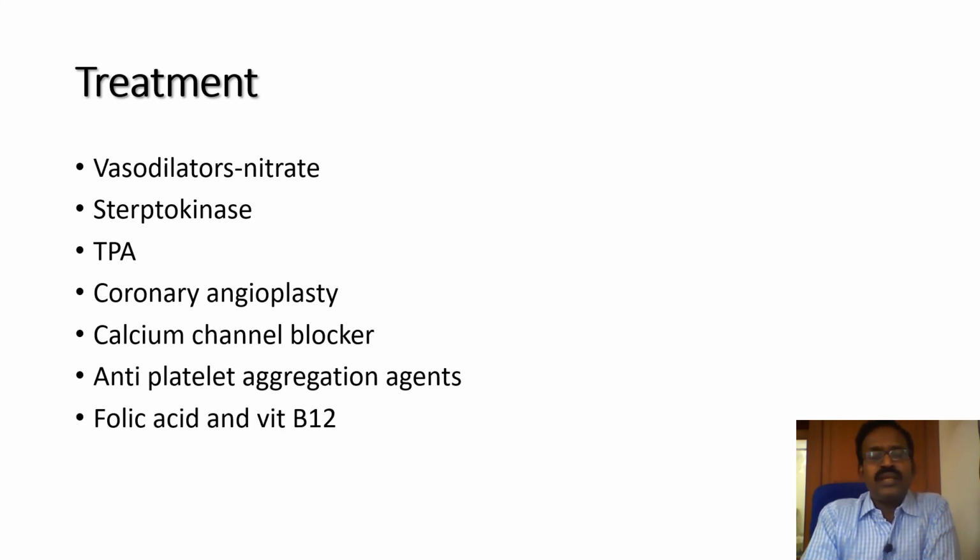And folic acid and vitamin B12 are helpful because hyperhomocysteinemia produces myocardial infarction. Folic acid and vitamin B12 convert homocysteine to methionine, so they prevent the hyperhomocysteine level. These are the different treatment modalities of coronary artery disease.